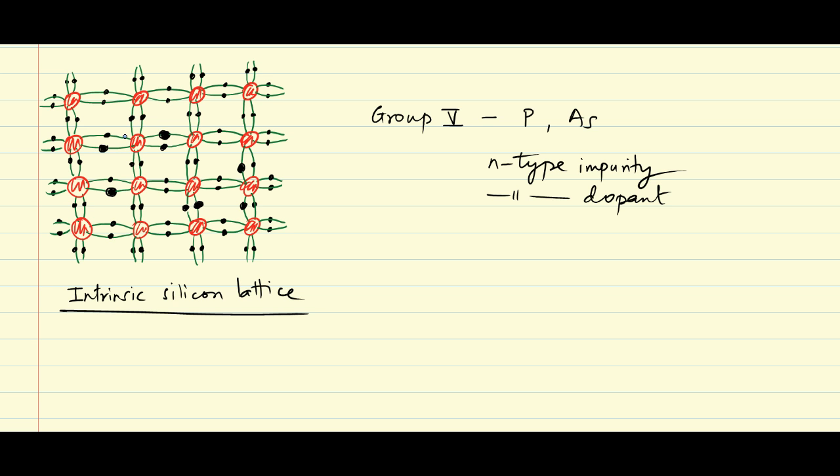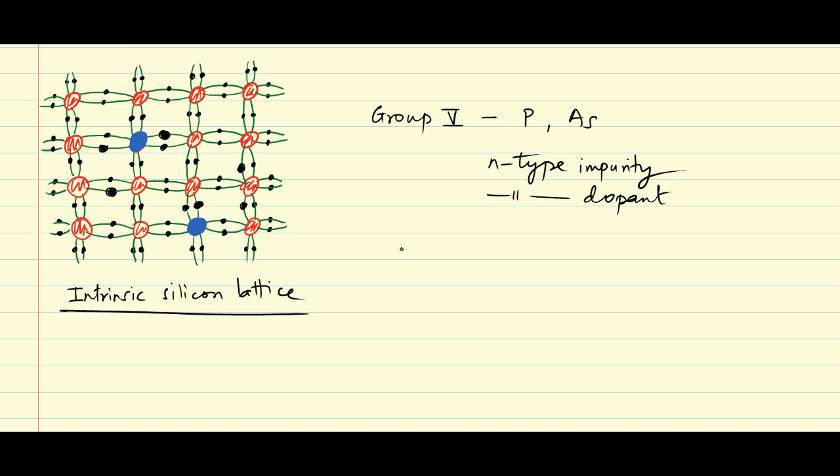So for example, we are going to assume that this particular silicon atom is no longer silicon, but it's phosphorus. And I'll show one more, maybe over here. This one is no longer silicon, it's phosphorus. So the red ones I have shown are silicon, the two blue atoms I have shown are phosphorus, the black dots are of course electrons.